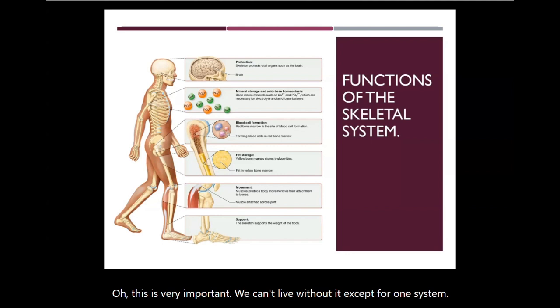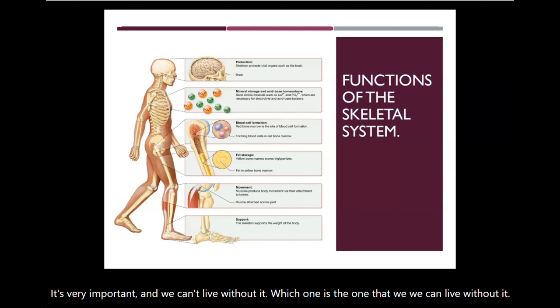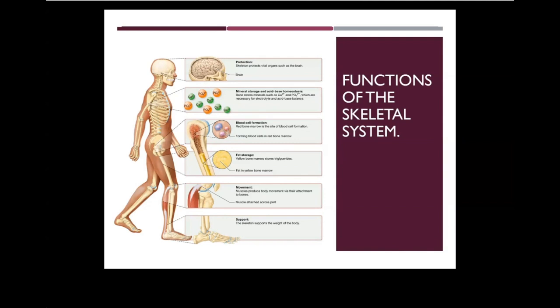Except for one system. I don't know if anyone wants to guess. There's one system that I tell you is important, but we can survive without it. Which one is the one that we can live without? No, that's important.